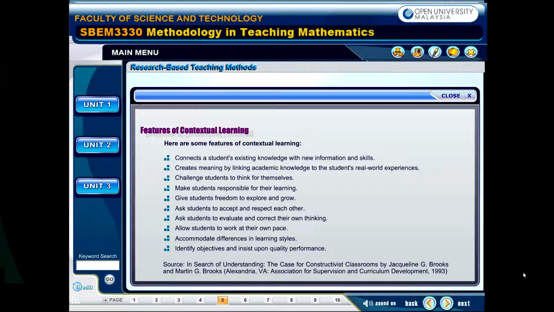Give students freedom to explore and grow. Ask students to accept and respect each other. Ask students to evaluate and correct their own thinking. Allow students to work at their own pace. Accommodate differences in learning styles. Identify objectives and insist upon quality performance.